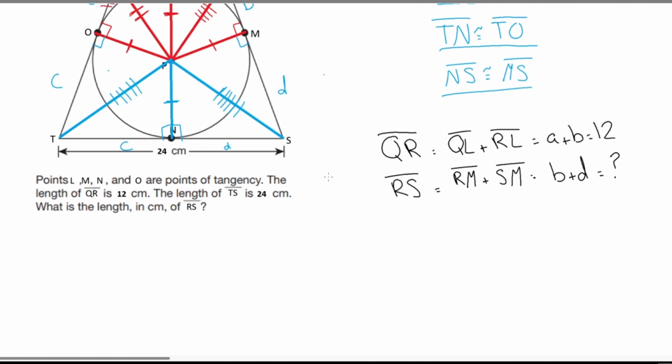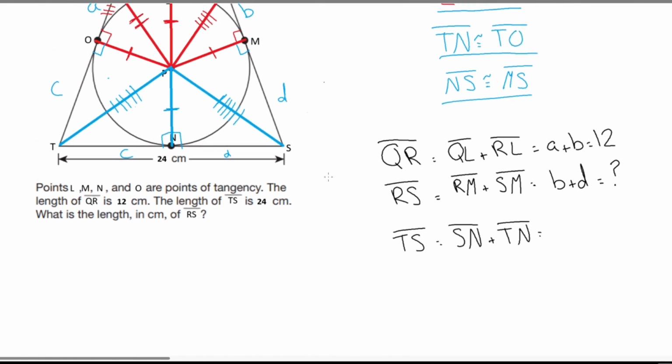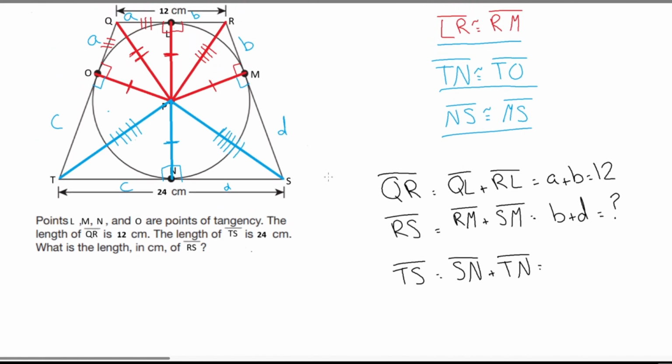And let me scroll down. We got TS, which is equal to SN plus TN, which is equal to C plus C. Wait, let me see. We got SN, right? SN plus TN, which is C plus D. And we know this is 24.